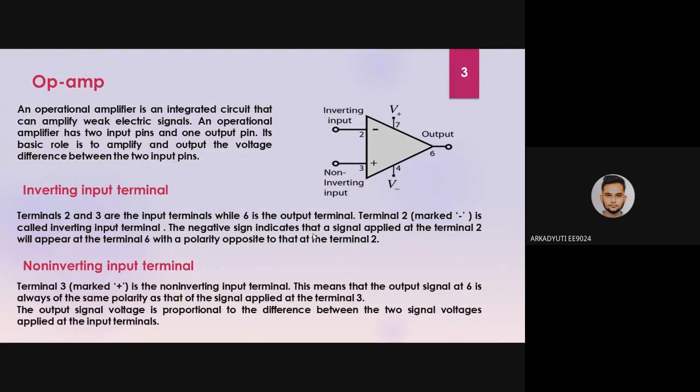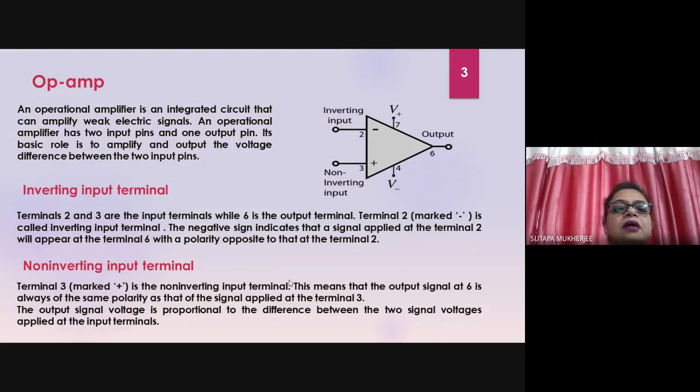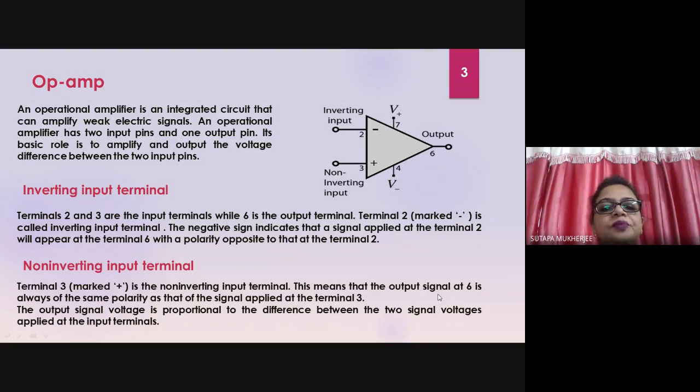Now come to the inverting input terminal. What is the inverting input terminal here? Basically, there are two input terminals, 2 and 3. One is the inverting input and the other is the non-inverting input. Terminal 2 is the inverting input terminal, 3 is the non-inverting input terminal, and 6 is the output terminal. Why is it called inverting input?